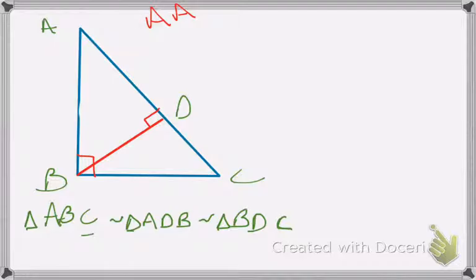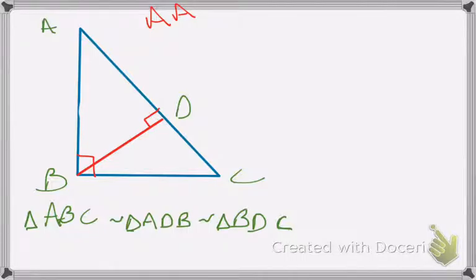All right. Now, similarity. If two triangles are similar, that means the ratio of their side lengths all have to be equal. So if I write ratios of corresponding sides, then all those ratios are going to be equal. So I'm going to start writing some ratios, and I'll set them equal to each other.